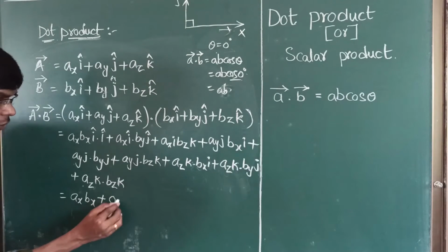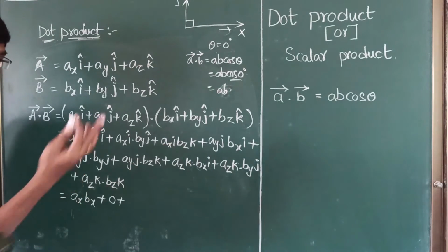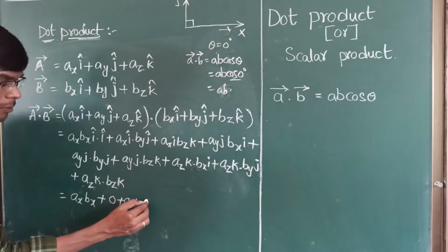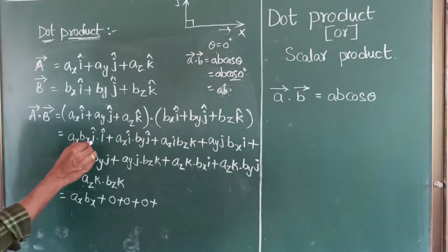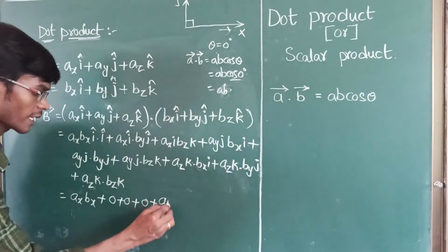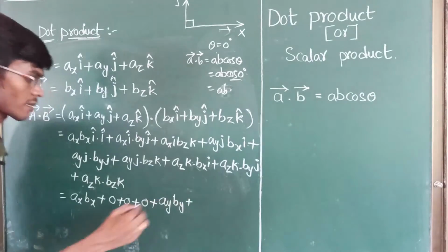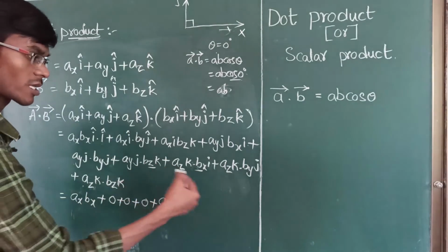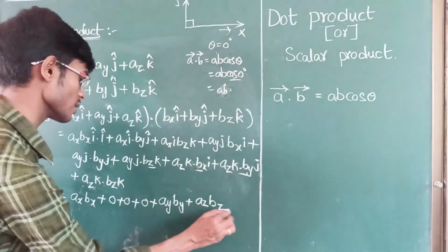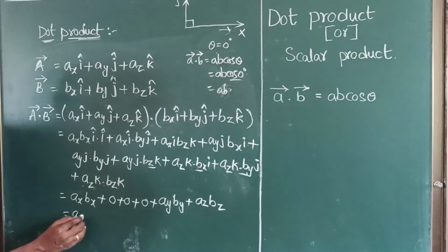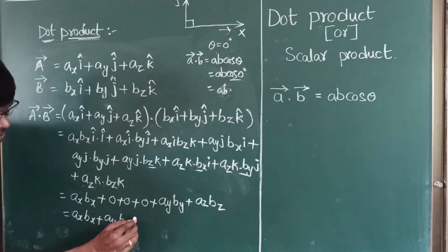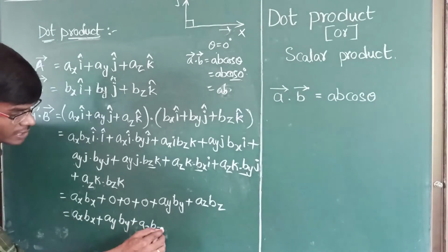So here 0 plus i dot k, those two are also perpendicular to each other, 0 plus j dot i, those two are also perpendicular, 0 plus next j dot j is 1. So Ay By plus this one is 0, this one is 0, this one is 0. Then this will be Az Bz. Finally, we write Ax Bx plus Ay By plus Az Bz.